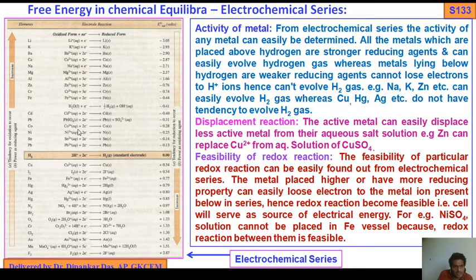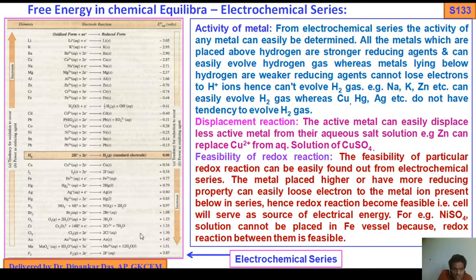Then cadmium, cobalt, nickel, stannous, lead. Now look below the H plus or hydrogen: copper 2 plus 0.344, iodine 0.54, Fe3 plus 0.77, a strong oxidizing agent, Ag2 2 plus 0.79, Ag plus 0.80, Ag2 plus 0.85, NO3 minus 0.97, Br2 1.08, O2, Cr2O7 1.133.